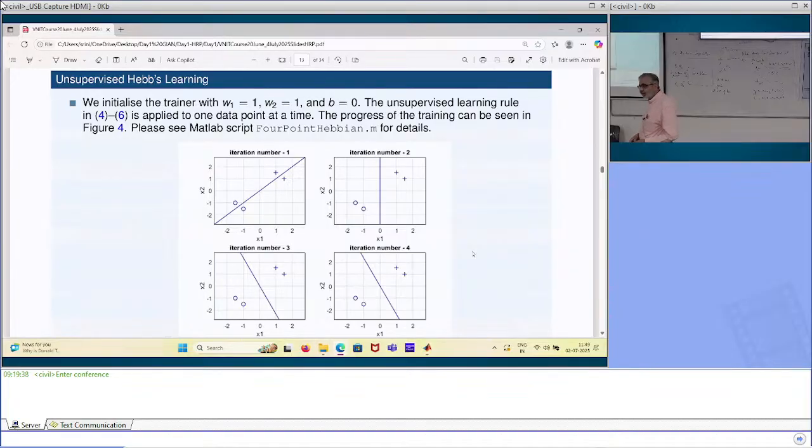You can initialize at different points, the MATLAB script is with you. This is how I initialize. The second one was there, the third one was there, the fourth one is there. So it is almost converged.